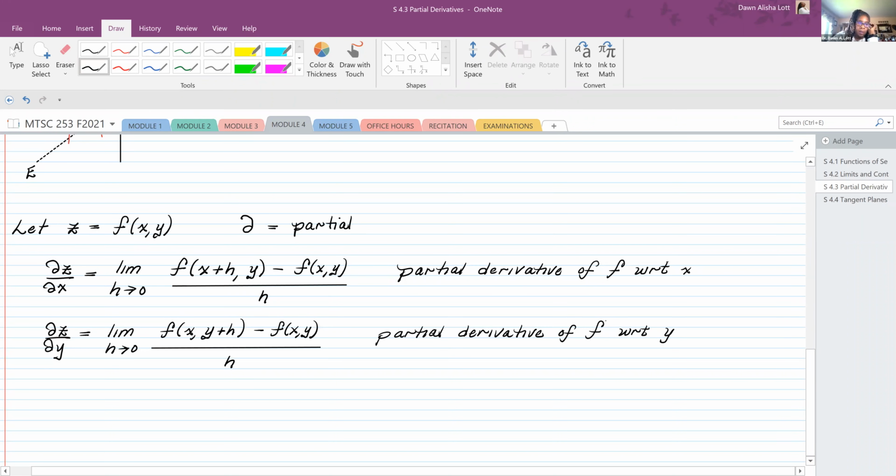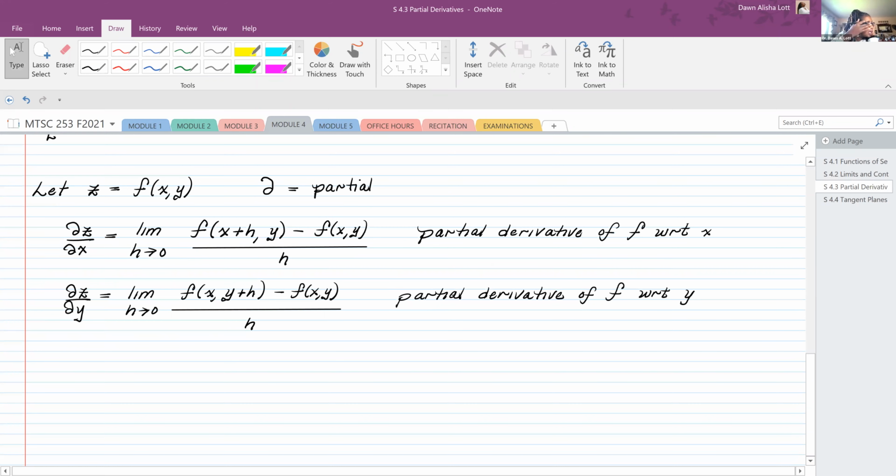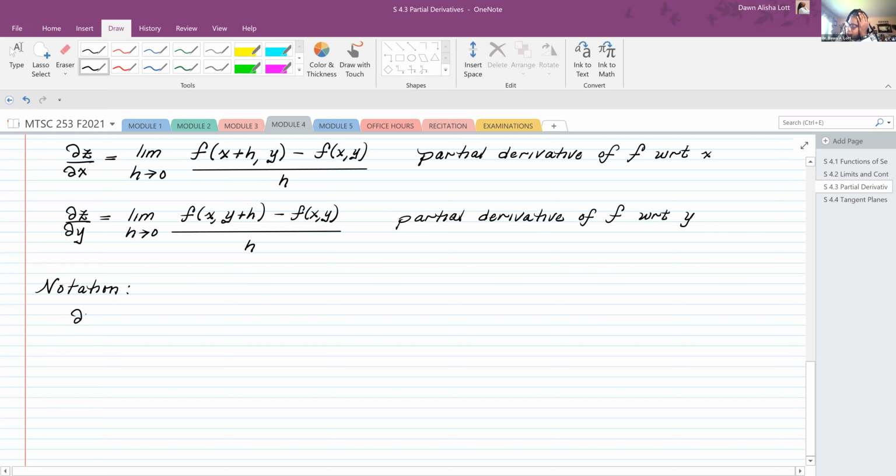Now, since z is equal to f, let's just use this notation right here. You might see the partial of z with respect to x. Some people may just do the partial of f with respect to x since z is f.